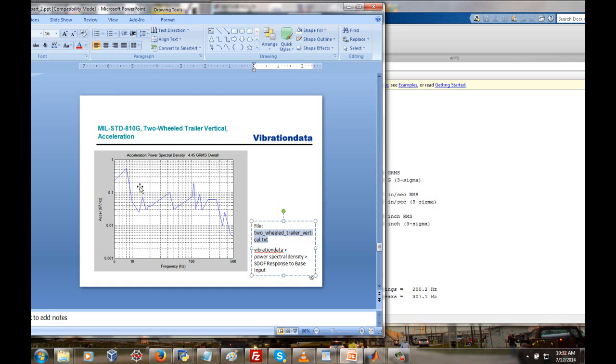So even though the highest peak is below 10 hertz, the characteristic frequency is still at 200 hertz for this case. That would become more apparent if we plot this as linear.